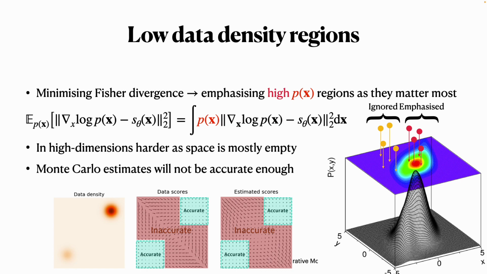Let's say I have two peaks here. If I'm here, it's very hard to cross this low density region to go here, because my score function will be very, very small. So once I'm here, I cannot very easily mix. Once I'm here, I'm going to stick around.